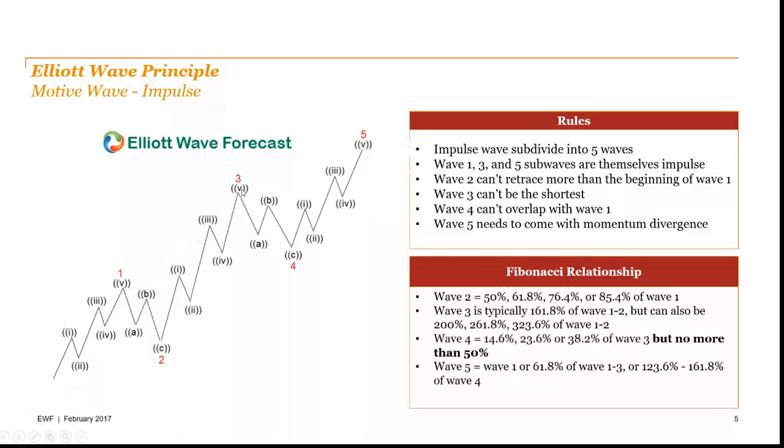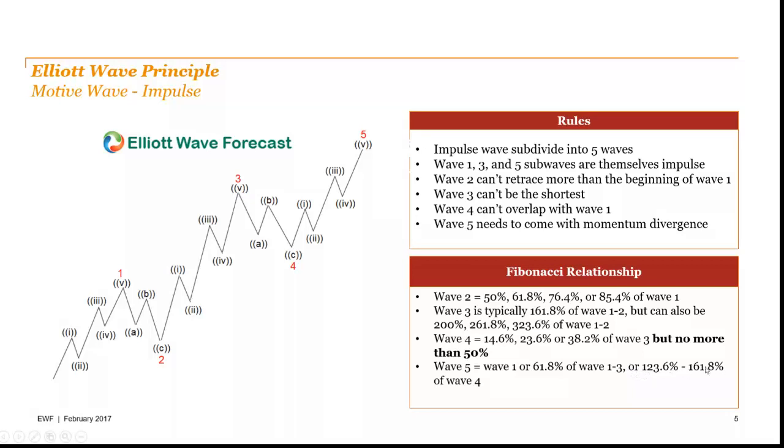So wave 5 can be measured in 3 different ways. Equal to wave 1 is one way, another way is 61.8% of wave 1 to 3, and yet another way is 123.6% to 161.8% of wave 4. This is what we call external retracement. So you measure this wave 4, and then 123.6, 161.8%.